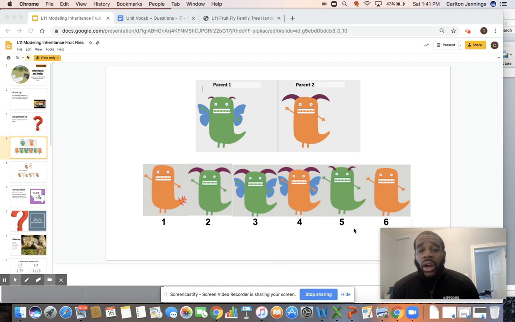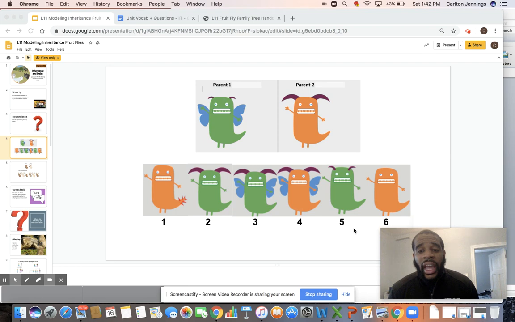Number two can be an offspring. They can get the big horns from their dad and the green color from mom. Number three has big horns from dad, butterfly wings from mom, and green from mom. It can be an offspring of the two.